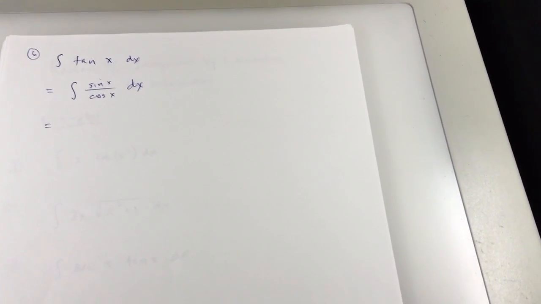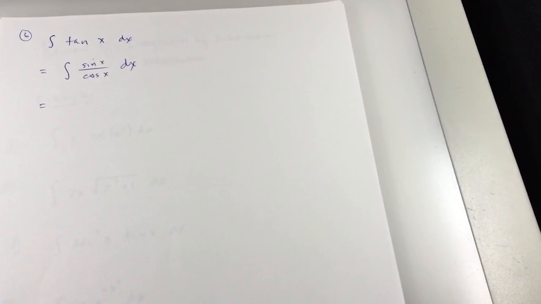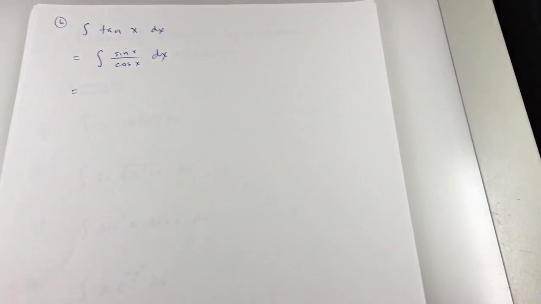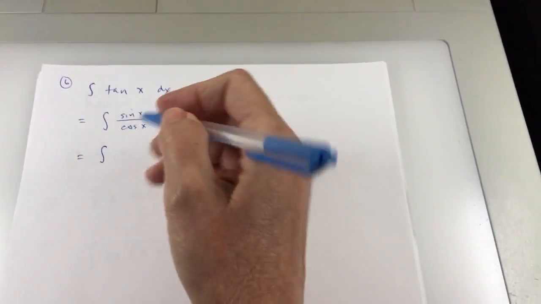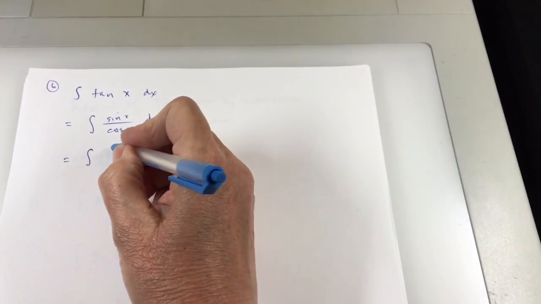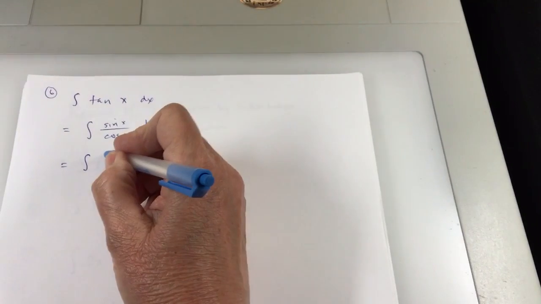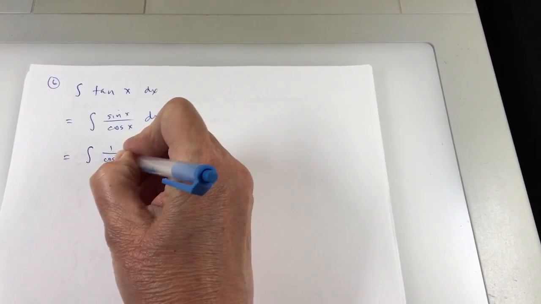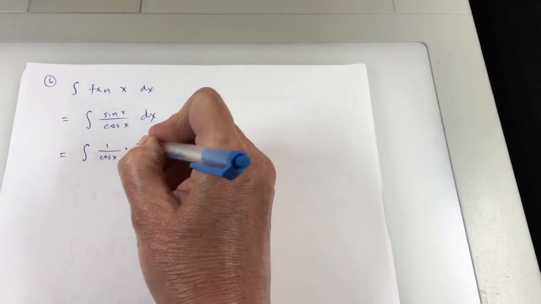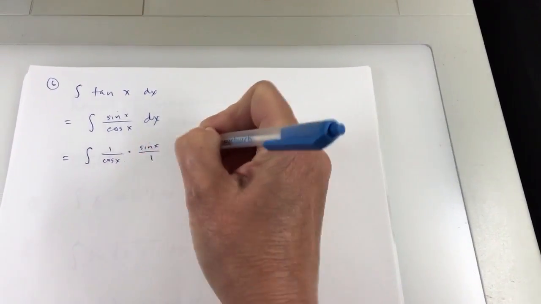Here's a technique that you're going to have to use pretty regularly in chapter 7, or something to think about when you have a fraction. Separate the numerator from the denominator. Look at them as two separate pieces like this. I can write this fraction as 1 over cosine x times sine x over 1.